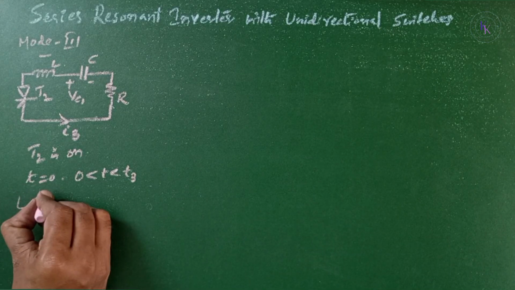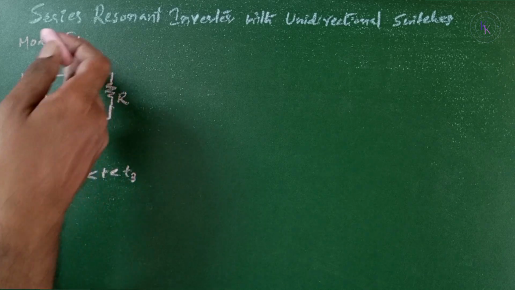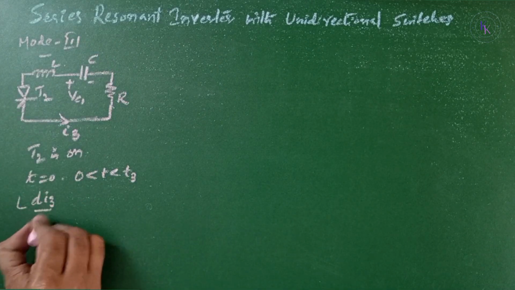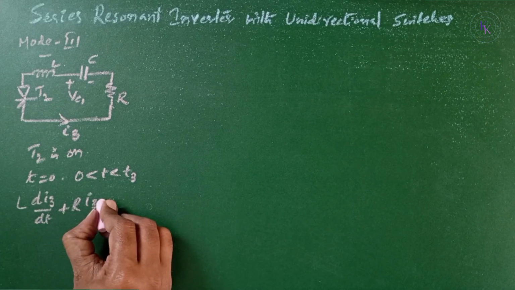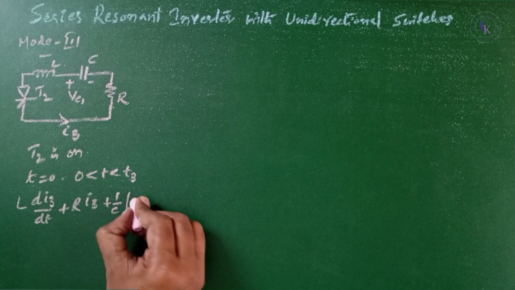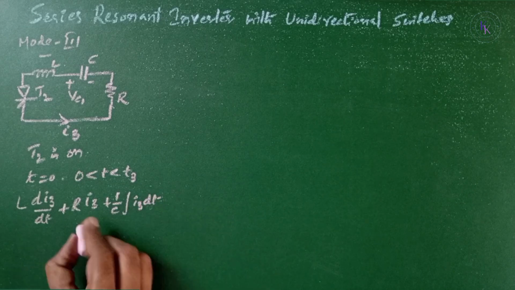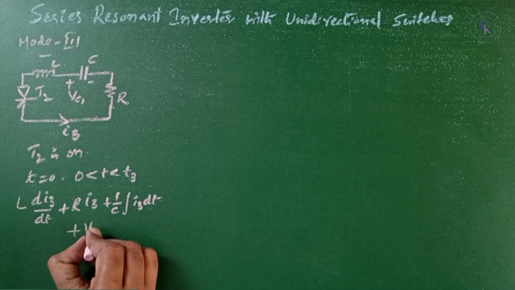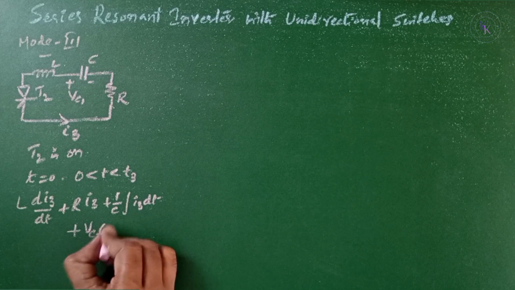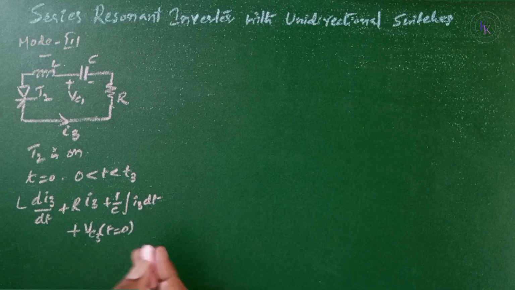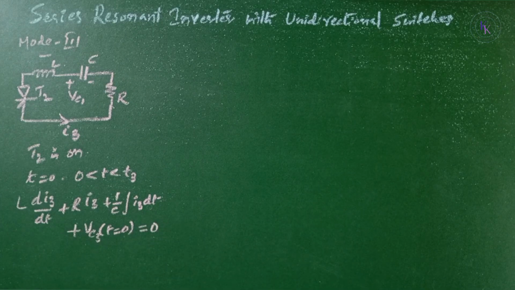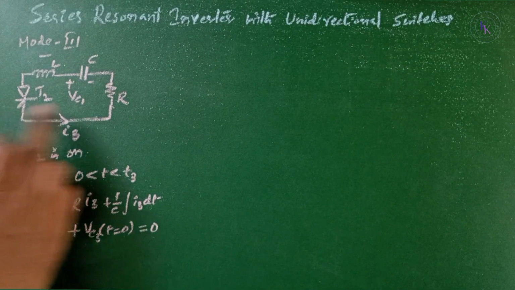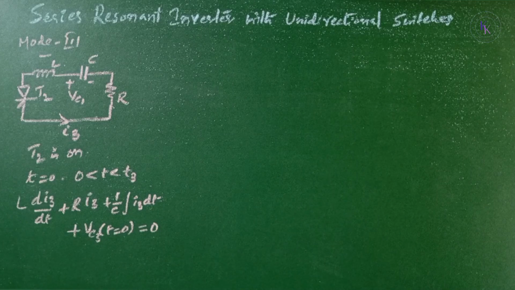Since this is mode 3, substituting i3: L di3/dt plus R i3 plus 1 by C integral of i3 dt plus Vc3 at t equals 0, the initial time of mode 3, equals 0, since there is no source in the circuit. Let this be equation number 10.